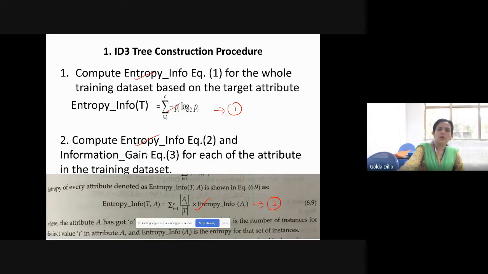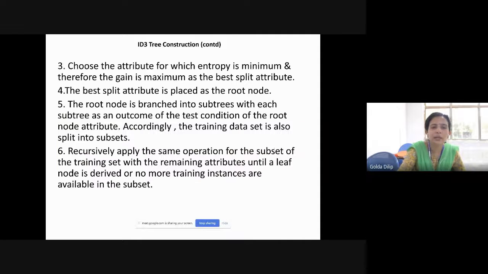Initially, you compute the entropy for the whole training data set based on the target variable. Then you compute the entropy for each of the attributes in the training data set. Then you compute the information gain using this particular equation. Then after that, you select the attribute for which the information gain is the maximum, that means for which the entropy value is the minimum.